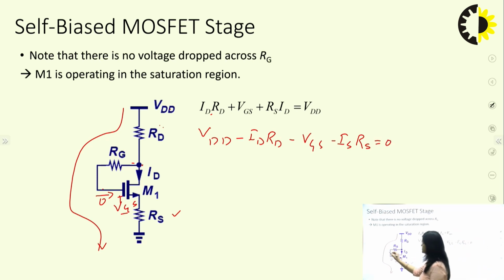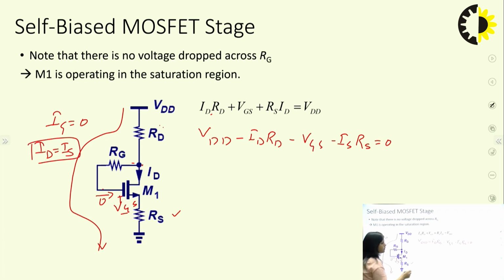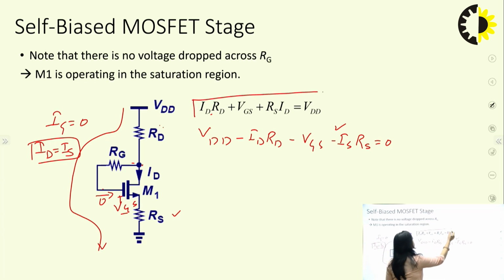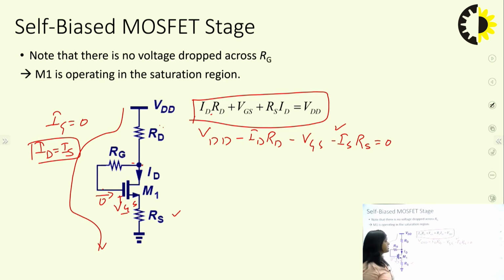Ig equals 0, as I have already told you, which represents that Id equals Is. So in this equation, putting the value of Is equals Id, we can derive this expression: VDD equals IDRD plus VGS plus Rs into Id.